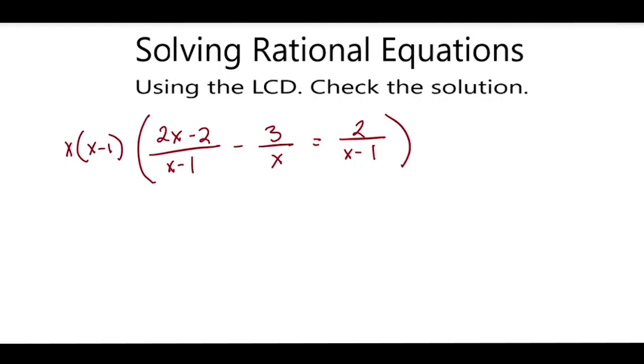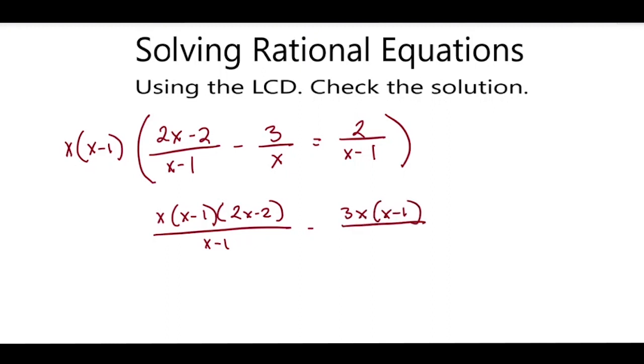So that leaves me with numerators of x times x minus 1 times 2x minus 2 over x minus 1, minus 3x times x minus 1 over x, equals 2x times x minus 1 over x minus 1.